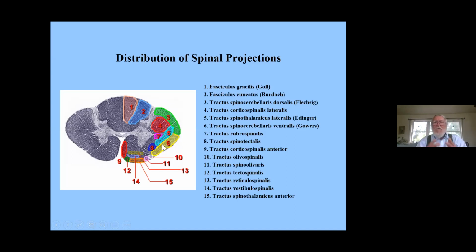Okay, so why would you have two fiber tracts coming out of the columns of Clark and going to the cerebellum? One of them is ipsilateral and one is contralateral.